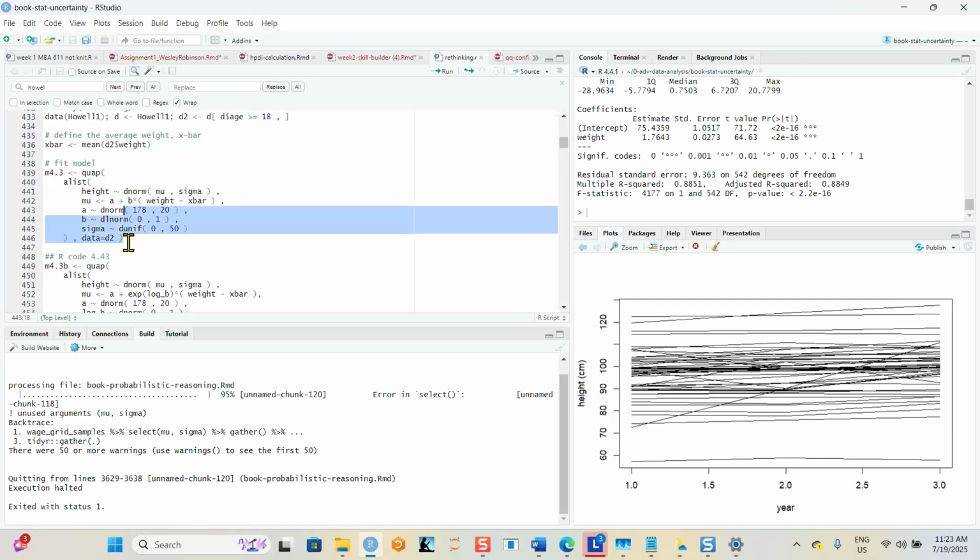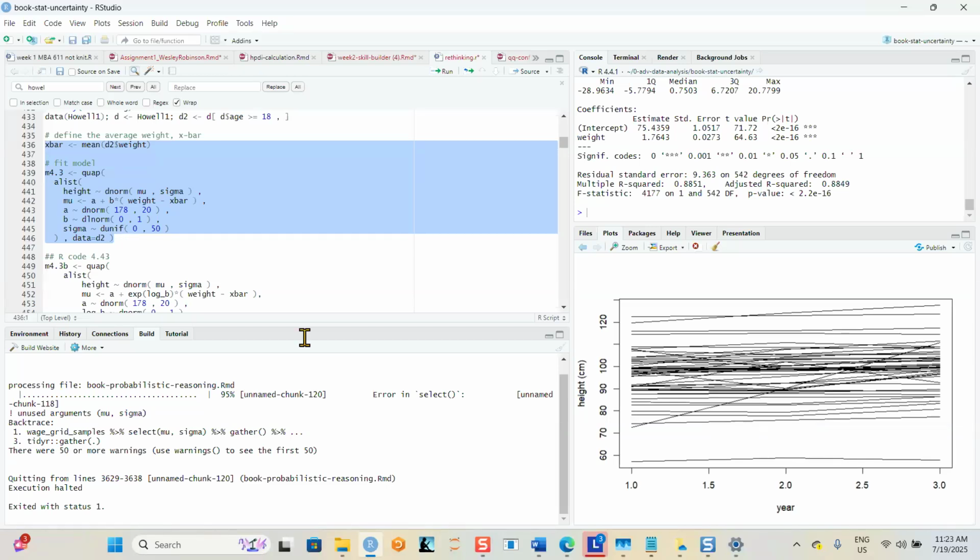That didn't work. We're taking the mean weight and we're doing this centered thing. And we're going to compare the two models. Oh, come on. I don't know why my fingers aren't doing the right things. There you go. There we go. Okay.